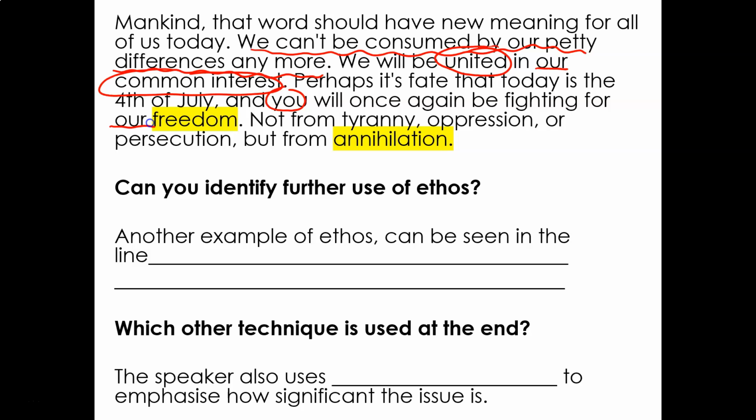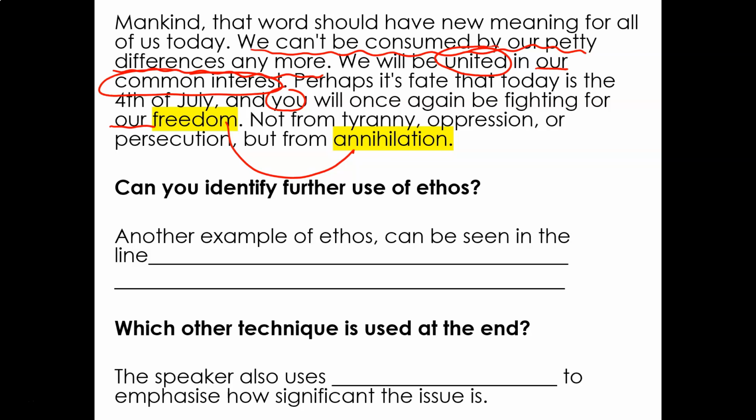What other technique is used then at the end? Well, I've highlighted 2 words here in yellow. But there is something that connects them, a particular device that's used in rhetoric. If you're not sure, you might want to use your knowledge organiser at this point. It can be a good way to go back and check what some of the techniques are and see whether you can apply them to this text.